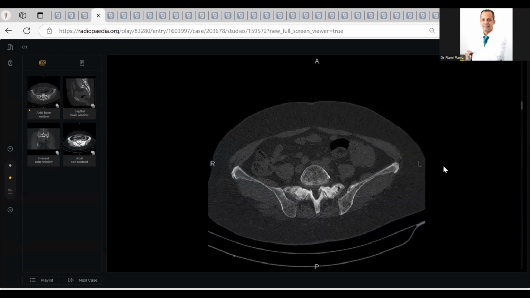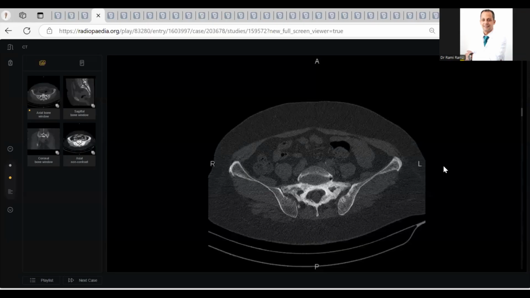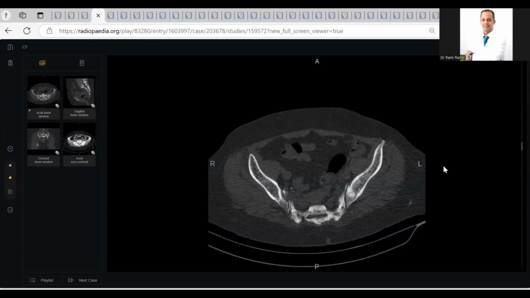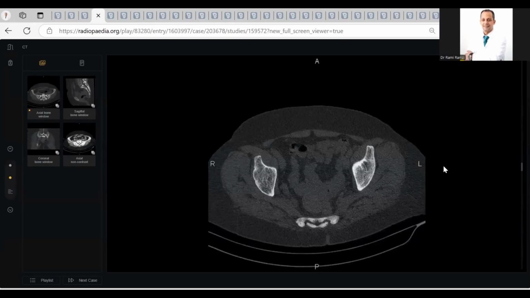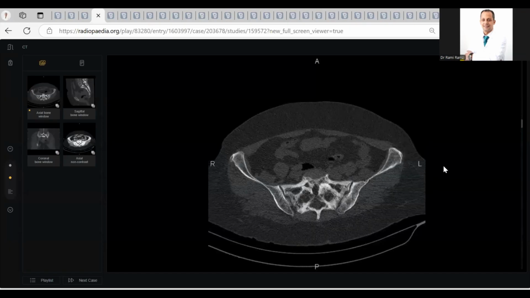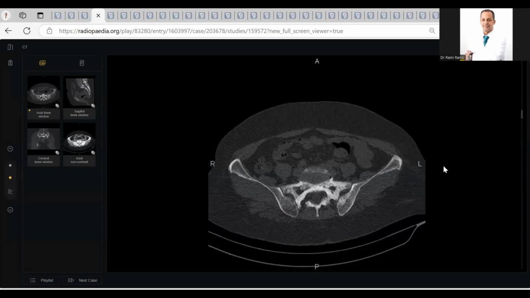It is stuck in one single coronal image. Now the axial image got loaded, sir.